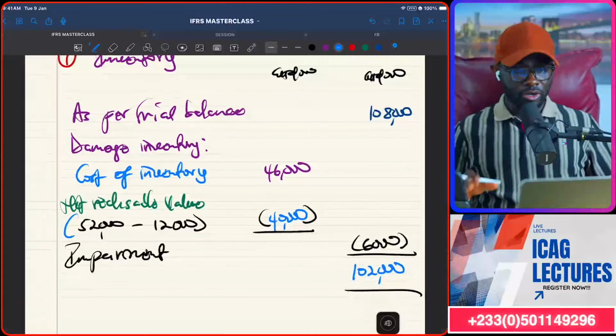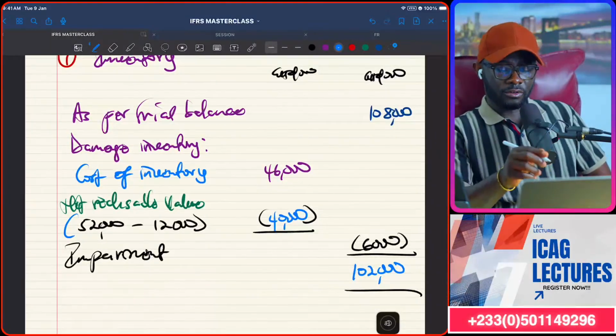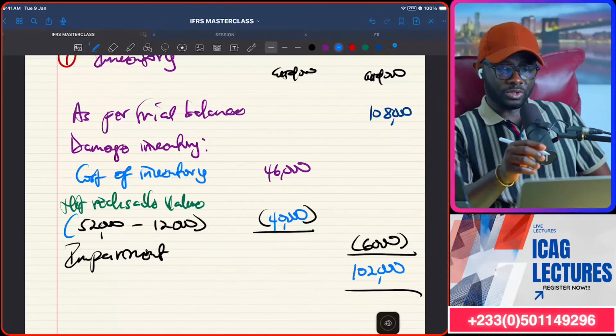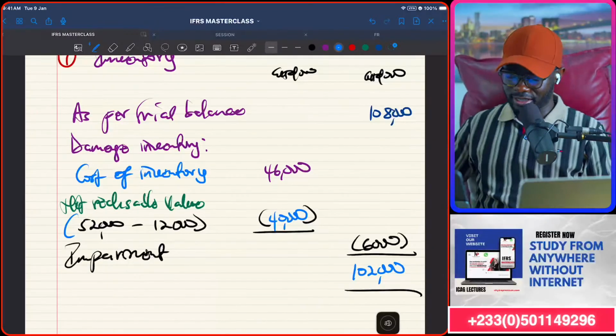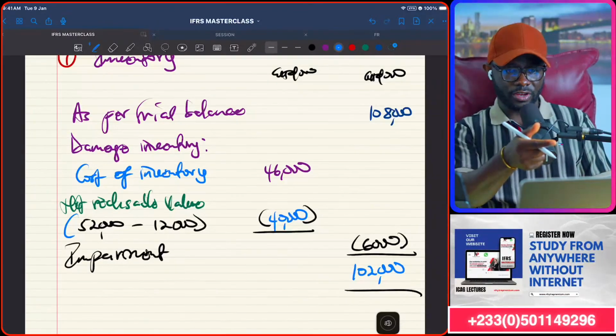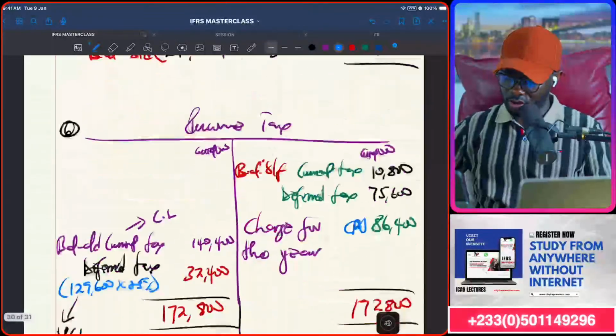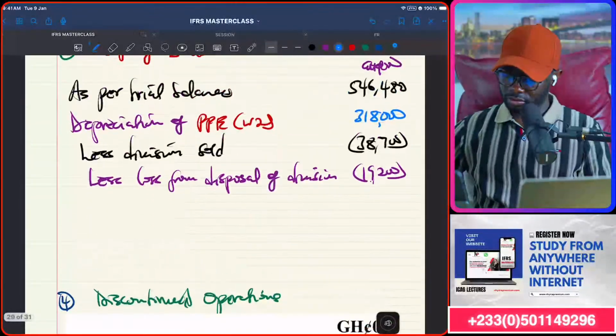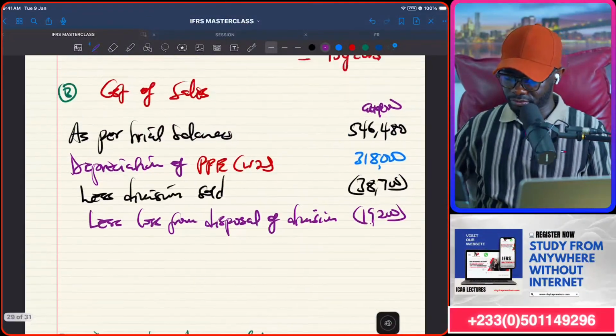So that is the closing stock. That will go to the statement of financial position. Now, that 6,000, the fall in the inventory, will be added to cost of sales.